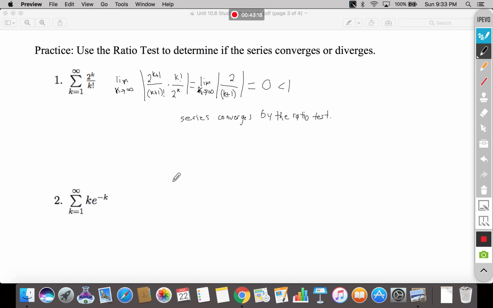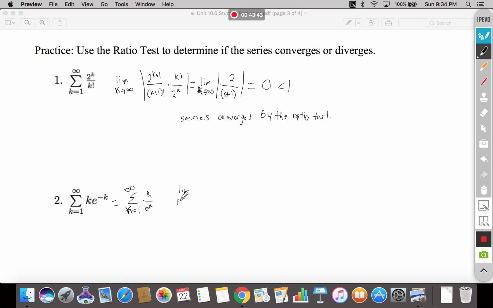All right, and our last one down here, I'm actually going to just rewrite this first because for the ratio test, it's nice to have fractions because things will cancel out. This is really going to be equal to the series, that should be a k again, k equals 1 to infinity of k over e to the k, right, is really what we're looking at. So let me do my limit.